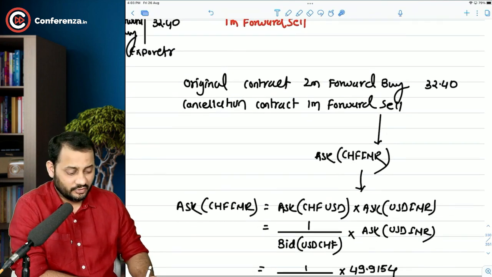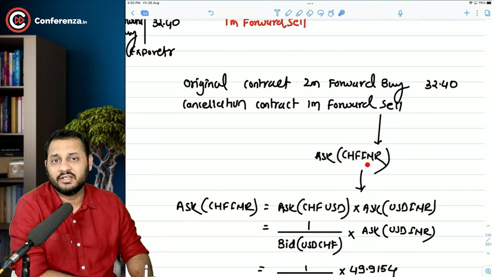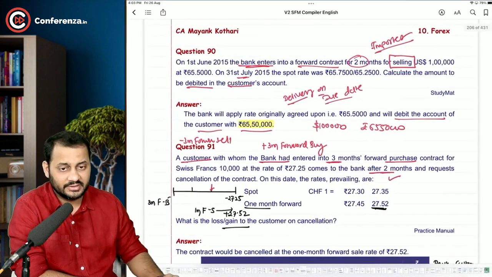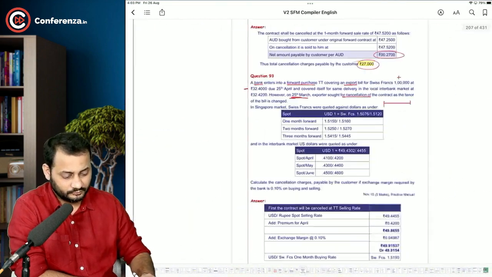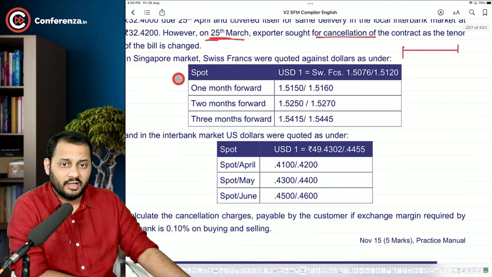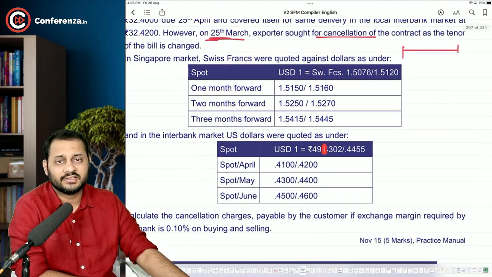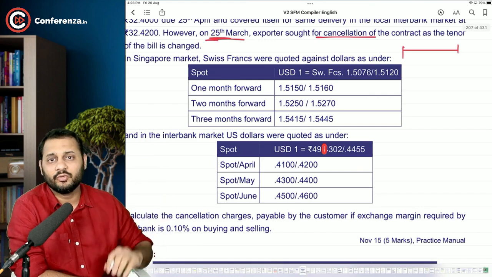Now the ask rate for CHF INR is not directly given in the question, and you will have to use cross rates for that. You can clearly see that USD Swiss franc rates are given, USD rupee rates are given, but we need the Swiss franc to rupee rate.